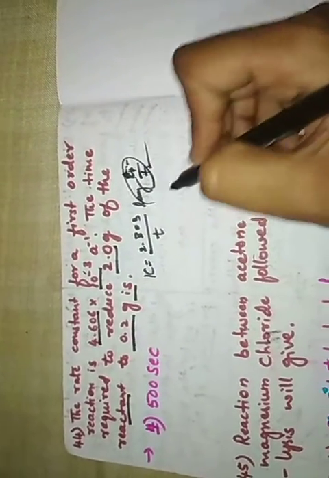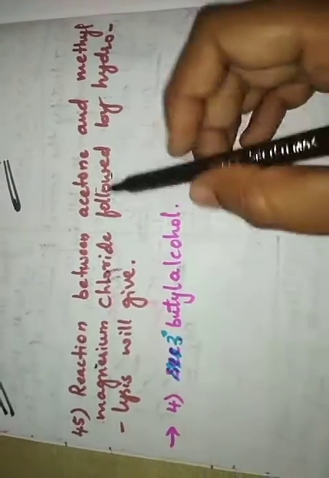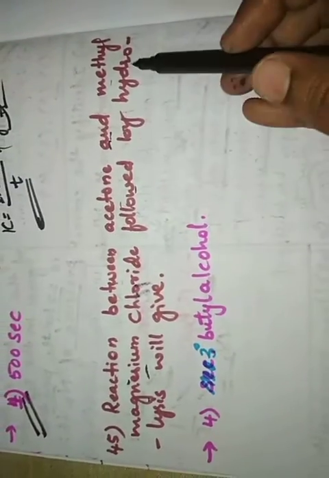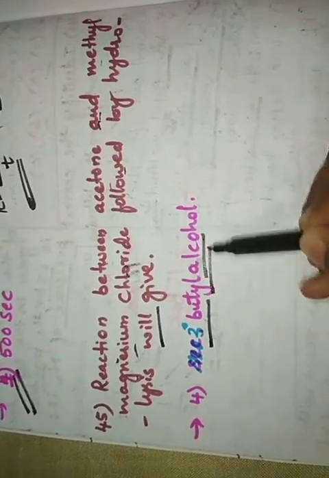Understood? You can follow this reaction. The answer is 500 seconds. Understood? Reaction between acetone and methyl magnesium chloride followed by hydrolysis will give tertiary butyl alcohol.